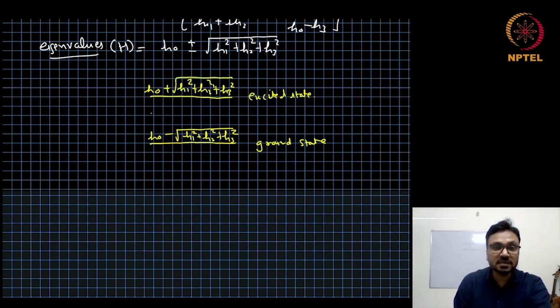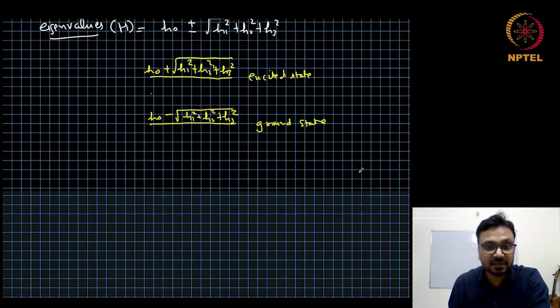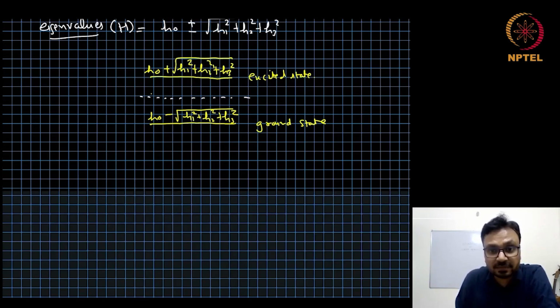So we can shift the energy of the whole system in such a way that the zero comes exactly between the two levels, so that this separation and this separation are the same. In that way, we can get rid of H0.